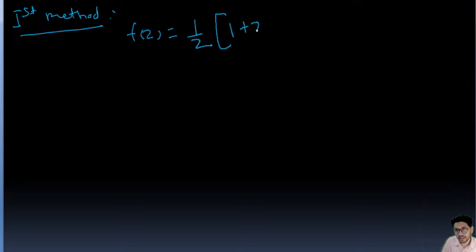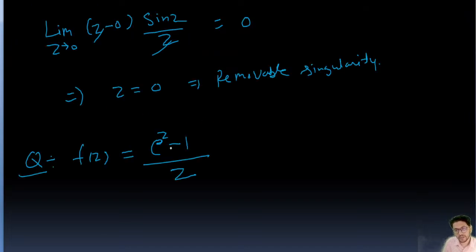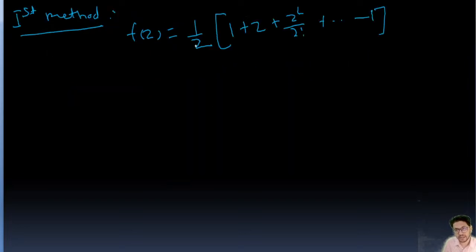So 1 upon z as a common factor, and e to the power z I'm going to expand. This is 1 plus z plus z square upon 2 factorial and so on, minus 1. The 1 will get cancelled.